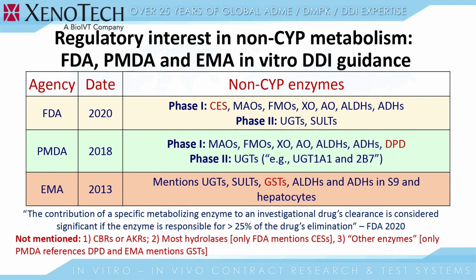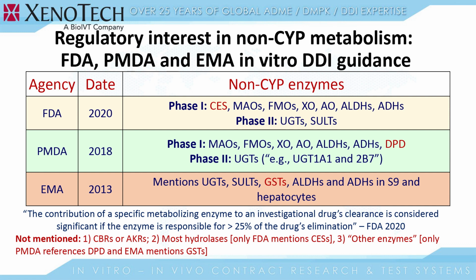But it then talks about using either hepatocytes or subcellular fractions to be able to elucidate these metabolic pathways. Now, the FDA guidance in its most current form does say, and this I quote, the contribution of a specific metabolizing enzyme to an investigational drug's clearance is considered significant if the enzyme is responsible for greater than 25% of the drug's elimination.